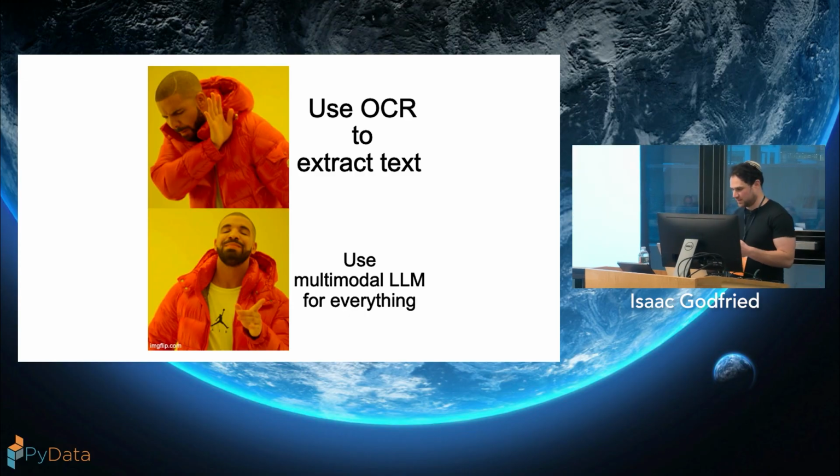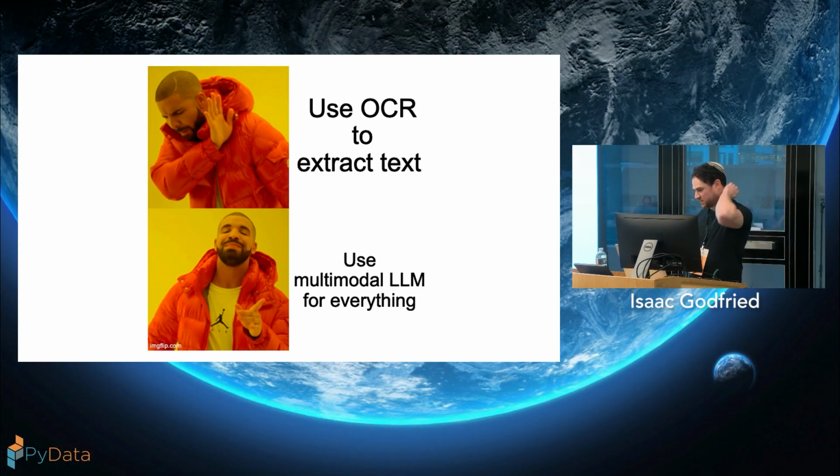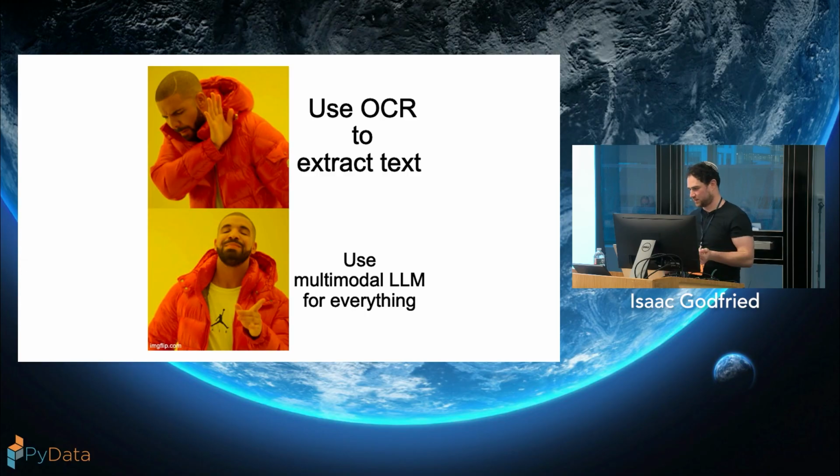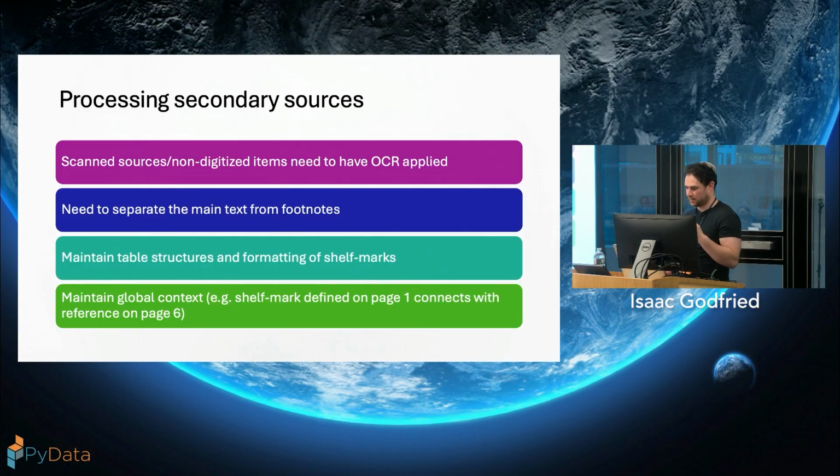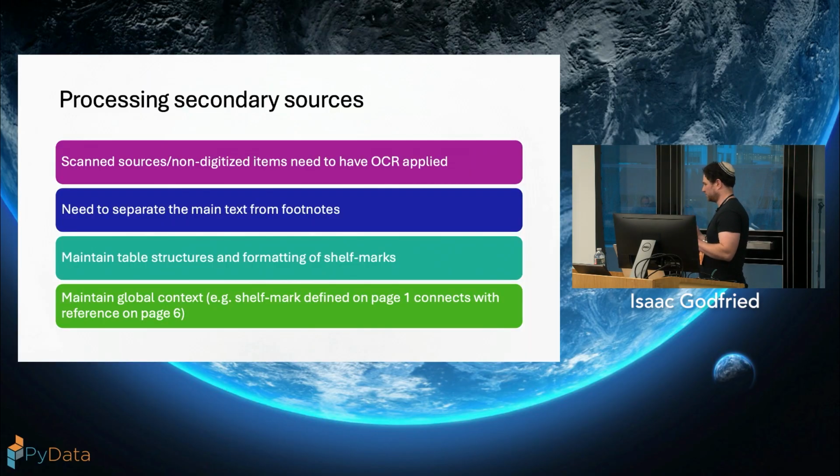So then basically I started looking specifically at processing secondary sources. I started having the idea that maybe the primary texts are too hard to parse at this point, because VLMs, or even OCR, do not currently work well on the actual fragments, as we saw those are very hard.